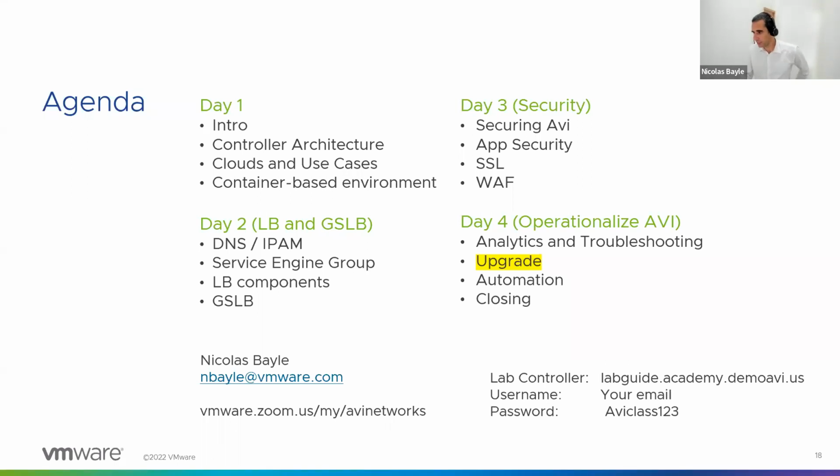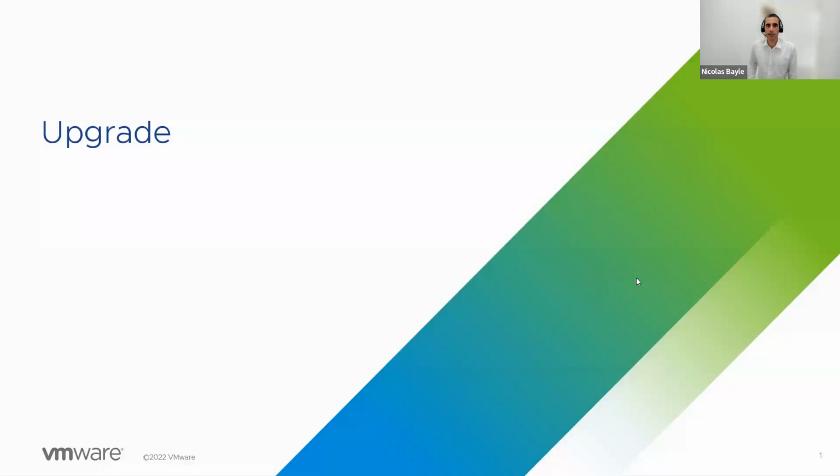All right, having said that, let's move on to something else, which is how you can upgrade, and how difficult, or hopefully how easy, it is to upgrade the AVI solution. You remember at the beginning of the day, we were talking about creating a support case or CSR if you have any issue.